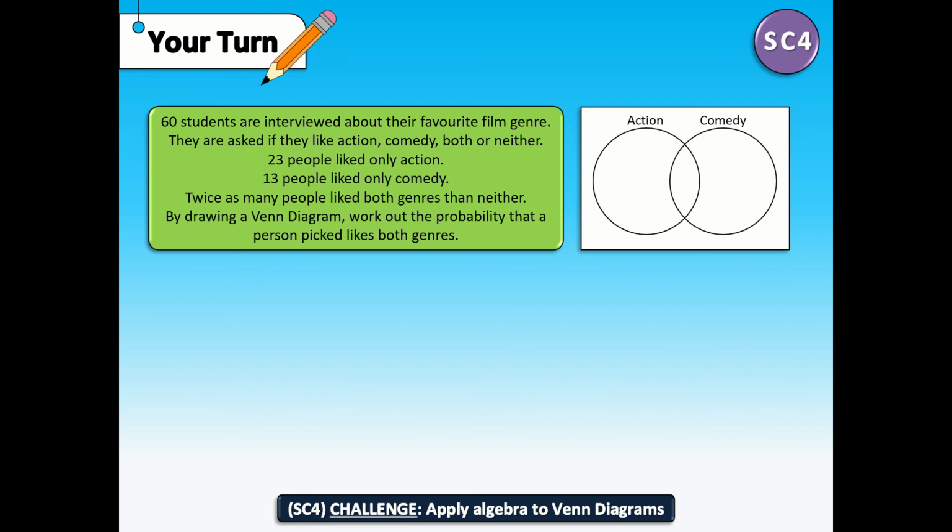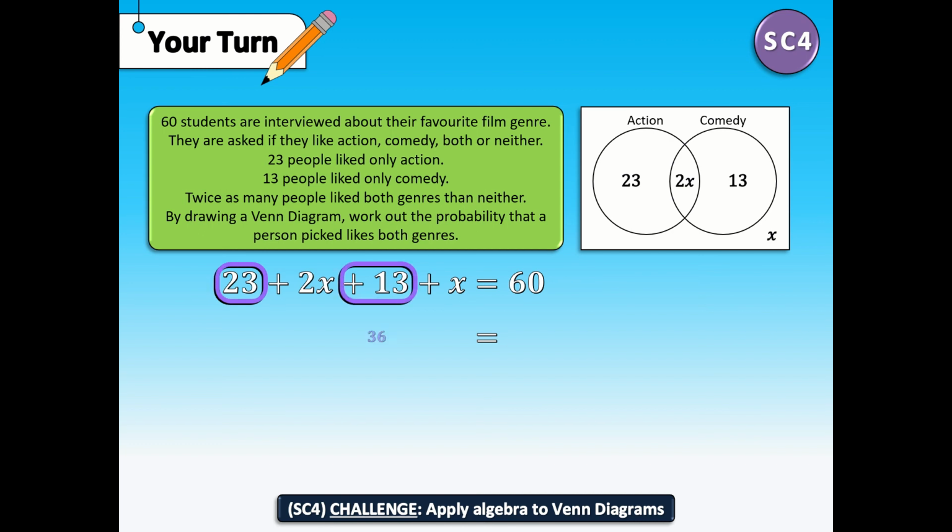So for the green question, the Venn diagram looks like this, and it's got to add together to make 60 because it's out of 60 students. 23 plus 13 is 36, and 2x plus x is 3x.